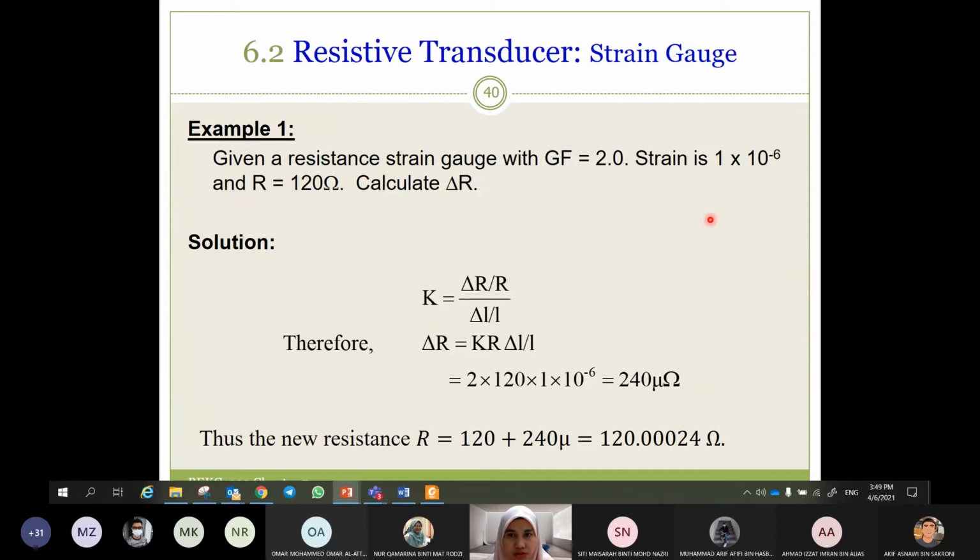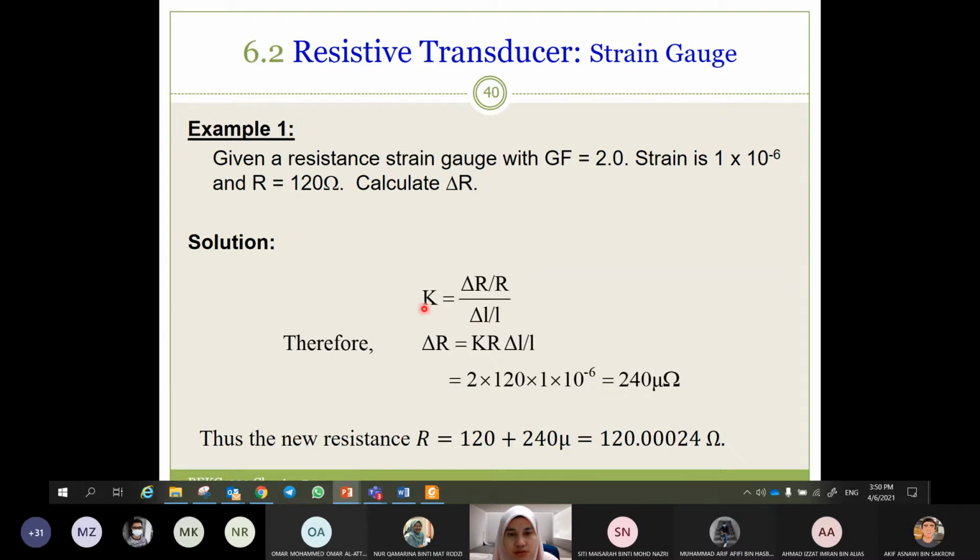Usually the unit will be meter over meter, so consider it as no unit. So the strain here is 1 micro and R is equal to 120 ohm. Calculate del R.